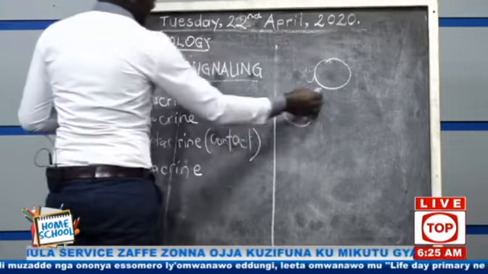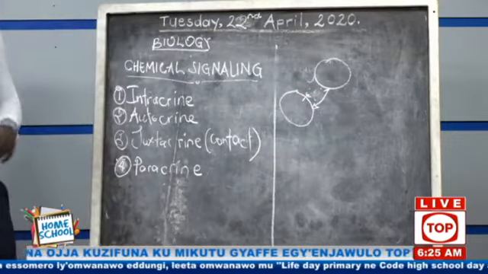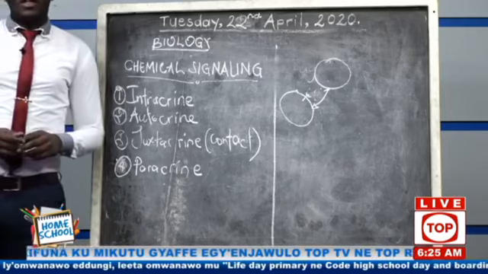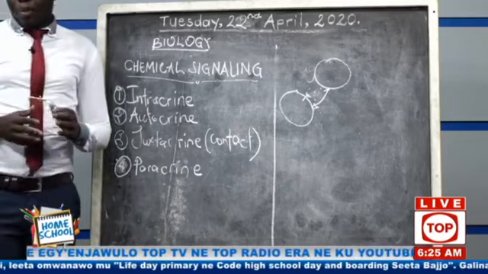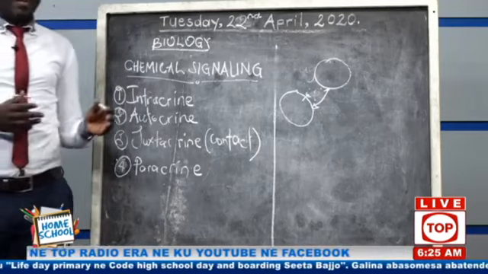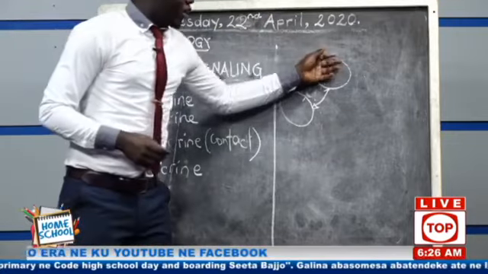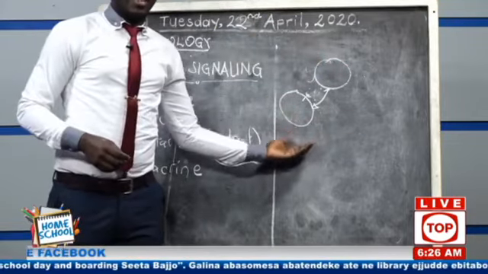A cell produces a signal to another cell within the same vicinity. So we are saying paracrine signals target cells in the vicinity of the secreting cell. This cell that is secreting secretes to cells that are near it.